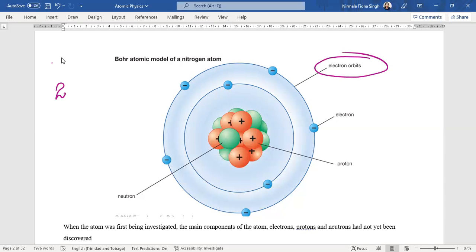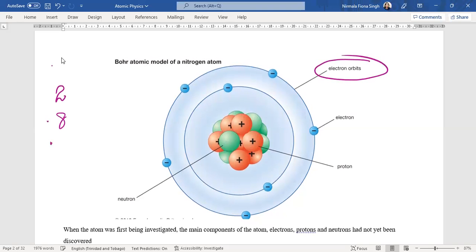How many electrons in the second shell? 8. Anybody know how many in the third shell? First is 2, second is 8, third shell. Anybody happen to know? No, that's okay. I think there are 18 electrons in the third shell and so forth.